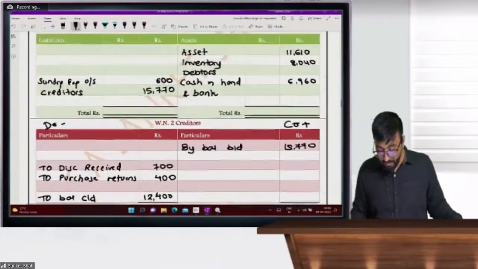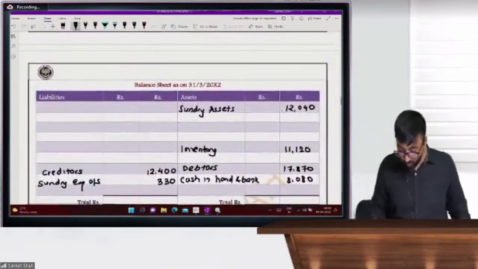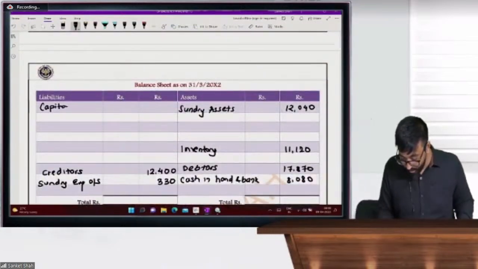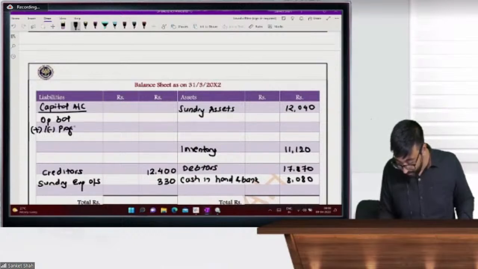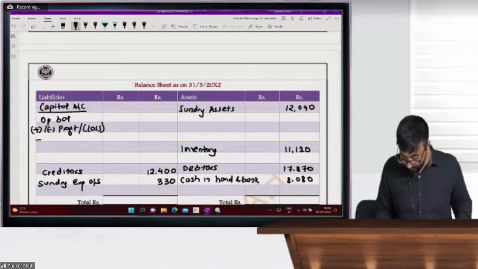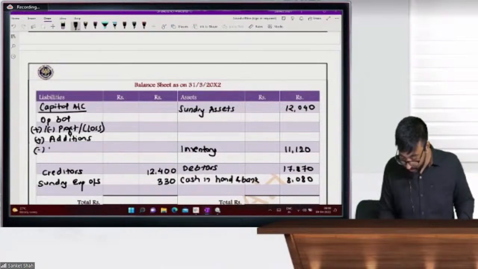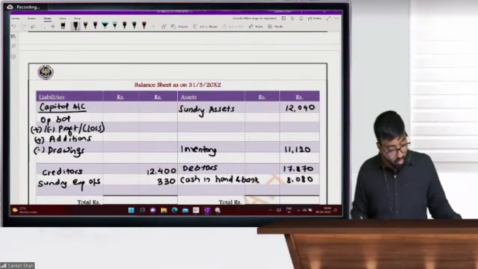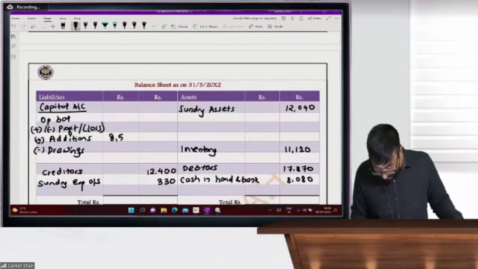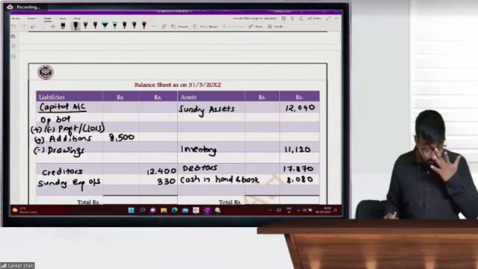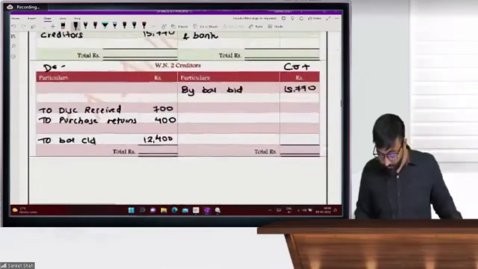Additional capital paid into bank. So pro forma capital account: opening balance plus profit less loss, closing balance sheet, plus additions, less drawings. How much is additional capital? 8,500.